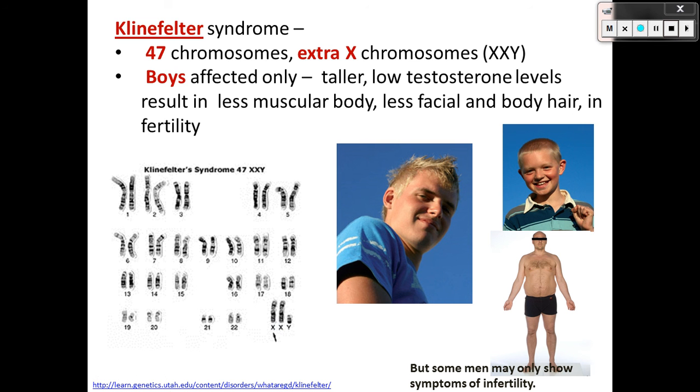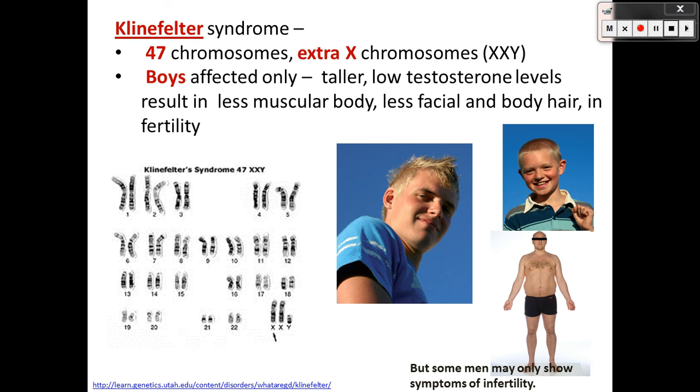So usually these guys who have Klinefelter syndrome are very tall, most of them taller than most other males, and they have a beautiful full head of hair. Typically, they're not subject to male pattern balding. Most of them have very good full heads of hair.